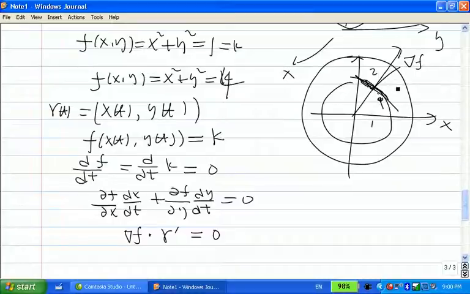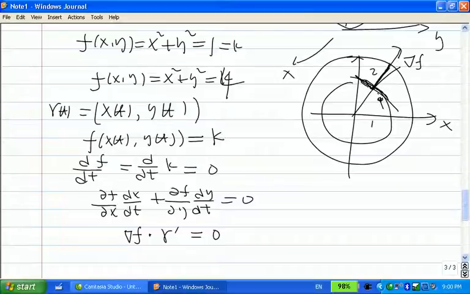So in other words, if you are on the level curve k equal to 1, and you want to go to k equal to 2, k equal to 4, if you go this way, your z would change from 1 to 4. This will be the shortest way.